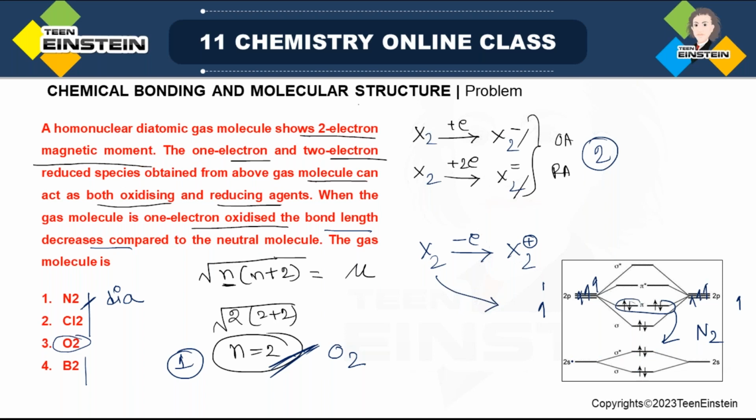Okay, so for N2, whether you write pi below or up, it doesn't matter, it will always give you a diamagnetic result. But for B2 there are 2 unpaired electrons. Here also we have 2 unpaired electrons.